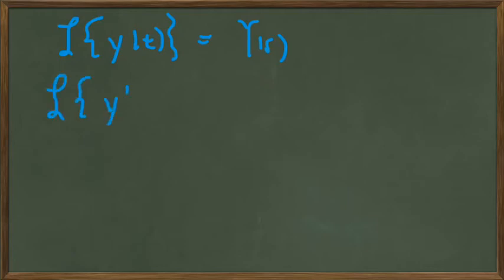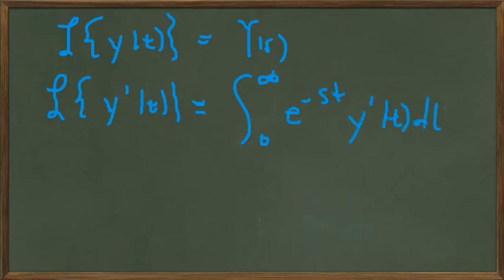So we want L of y prime of t, which is going to be the integral from 0 to infinity of y prime of t times e to the minus st dt. So we're going to solve this by the integration by parts technique, designating dv as y prime.